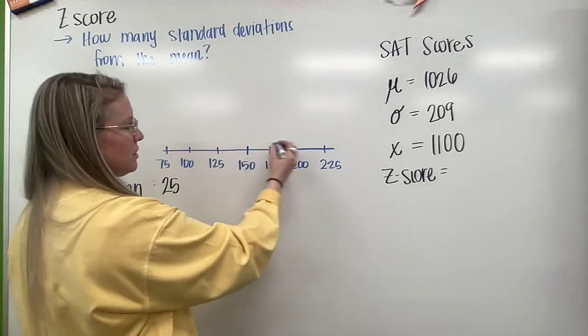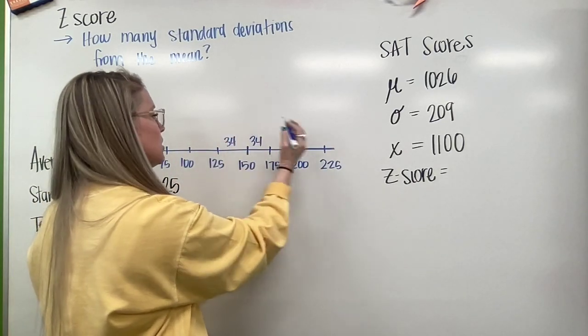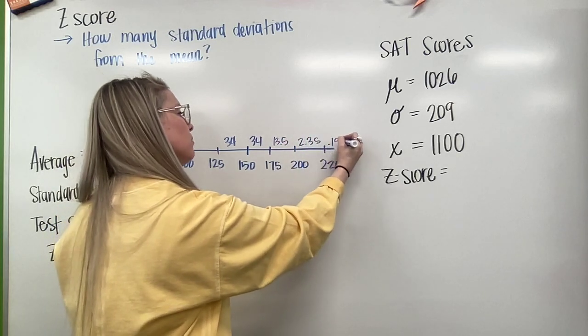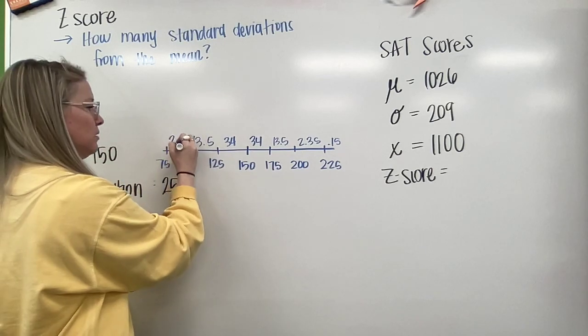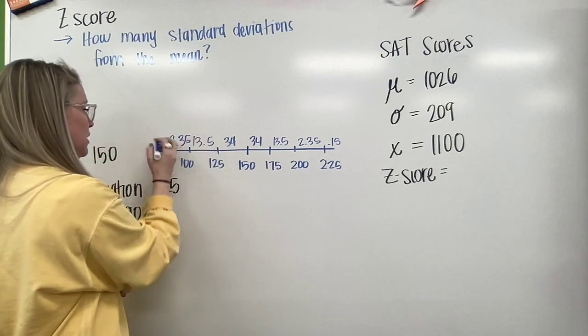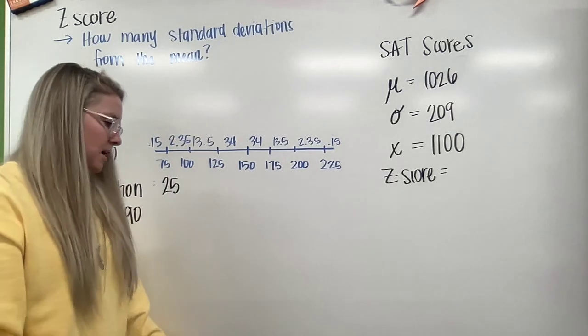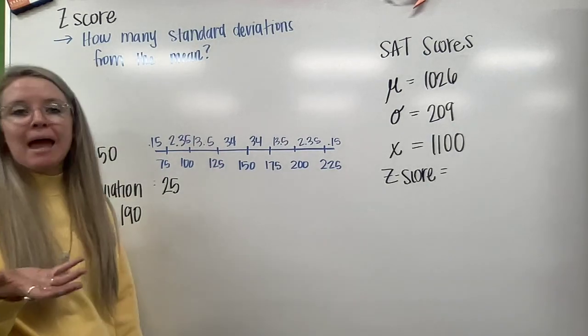We know the breakup here. We know that this is 34, 34, 13.5, 2.35, and 0.15. All right? And down here. All right. So the question, let's say, I want to know what percentile am I in?